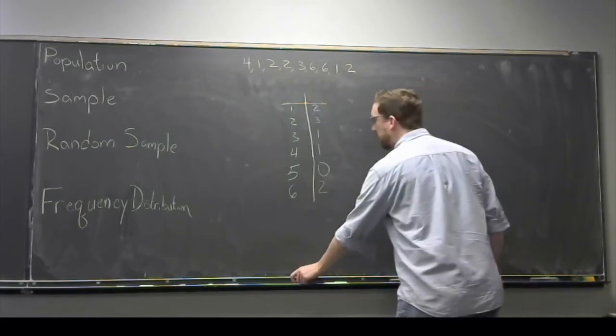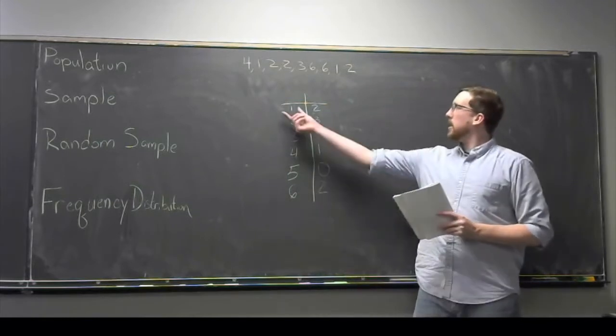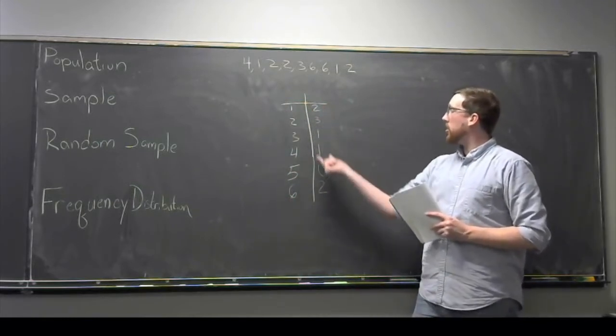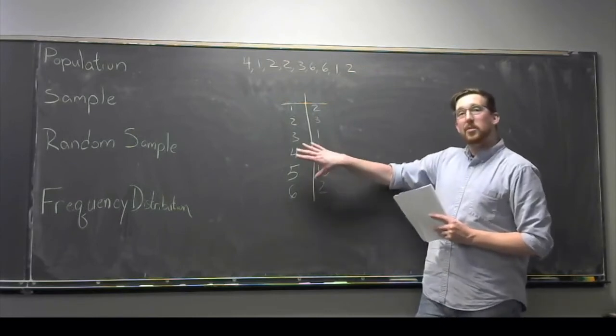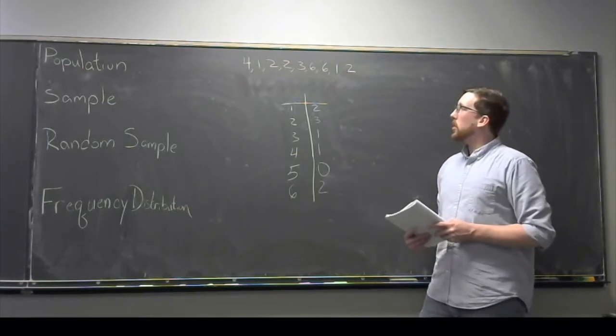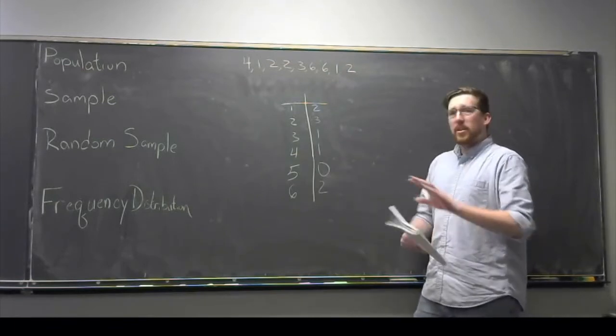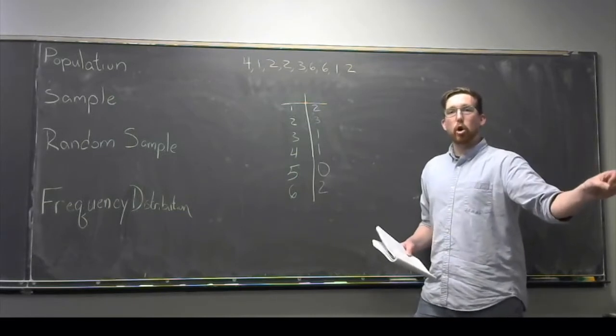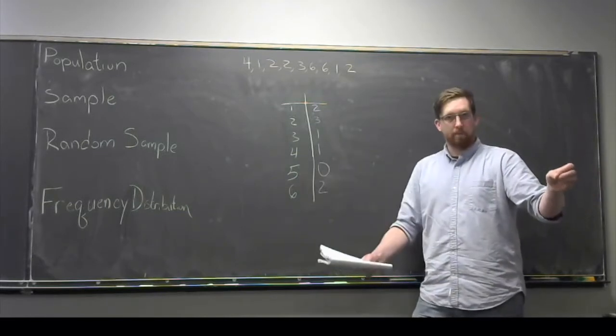So what we've got in this table is the data values as well as how often they occur. This is what a frequency distribution does. What it's really looking at is, given our data, how often do particular data values occur? How frequently do they occur?